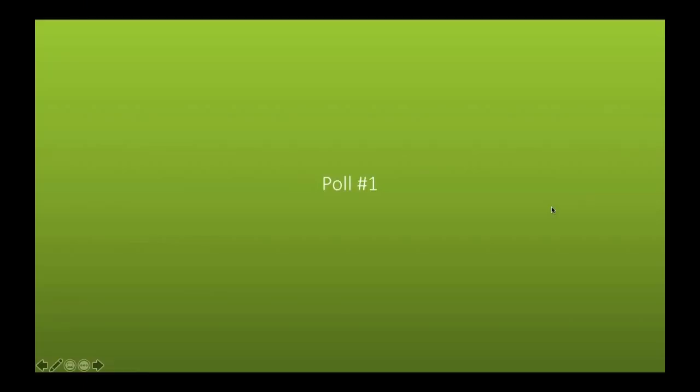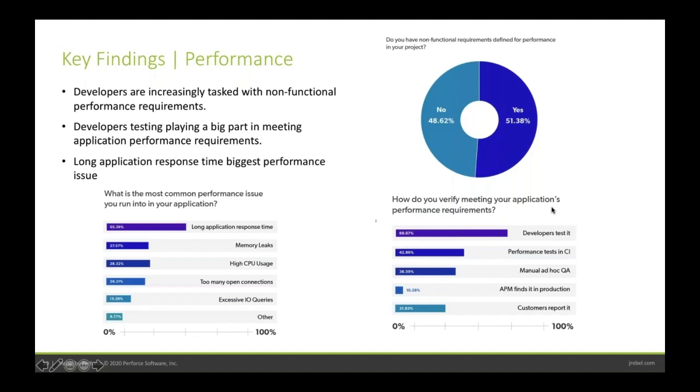So going alongside with that poll goes into what we actually found as the results in the polls that we did. We found pretty similar information, but the interesting thing about what we saw is where the issues were coming from. First and foremost, you're going to see that a large amount of these issues are coming from the actual application response time.